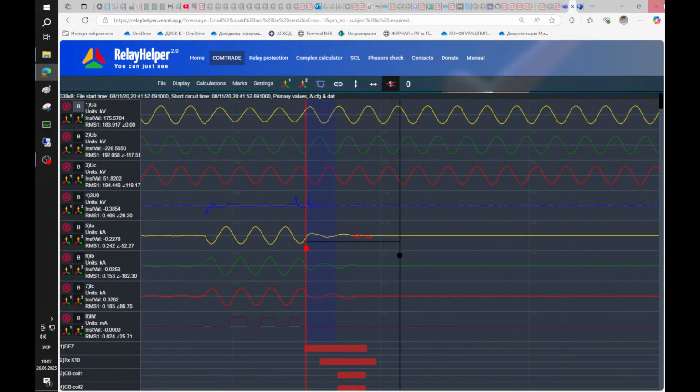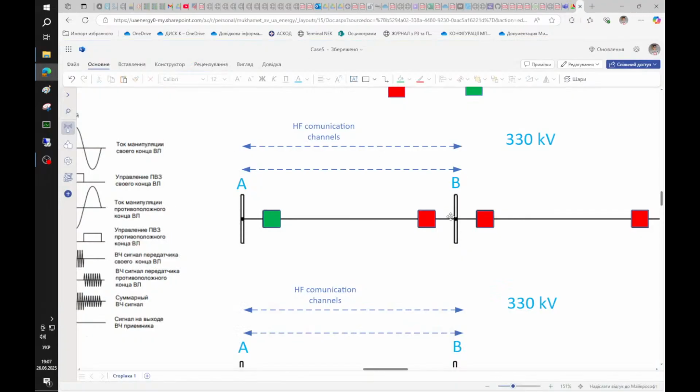So the problem was with the relay on the substation B side. We removed the IED from service, tested it, and found that the protection reacts to the currents and voltages in a very strange way.